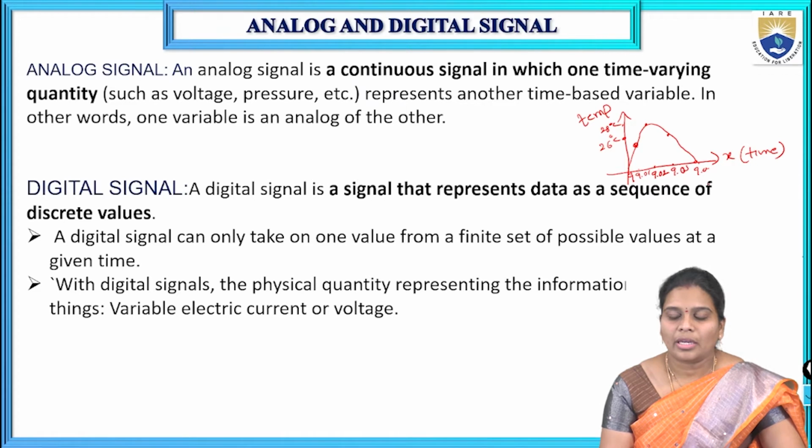The analog signal is a continuous signal, and we can measure it every second. That is the analog signal.